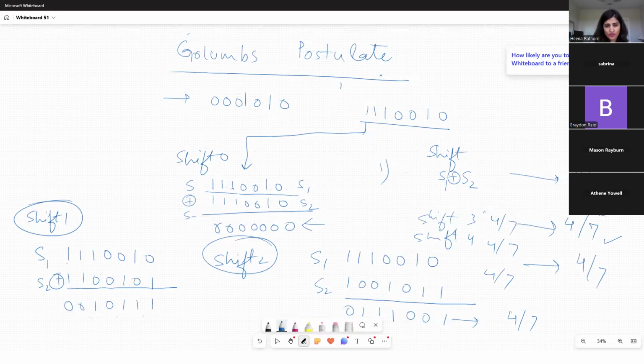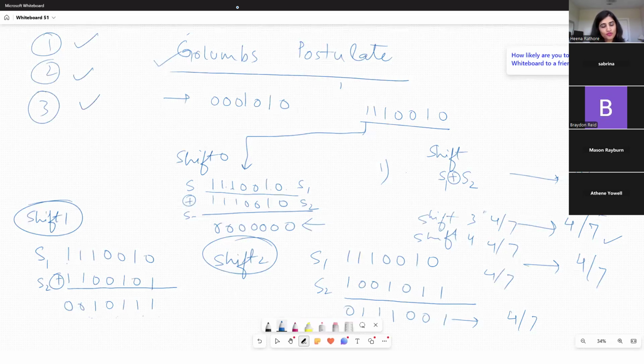I think I covered a lot of things, but this was Stream Cipher. So in Stream Cipher, we started with AES, and we did our linear feedback shift register, which is used for creation of a key, which is a pseudo-random number. But in order to test that the number you are generating using that LFSR is highly pseudo-random, it depends on whether it follows Golomb's postulate, and Golomb's postulates has 3 rules.